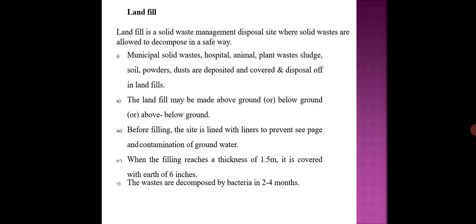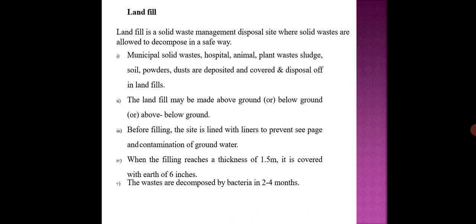These wastes are first collected by the municipality. Then they are transported and placed at a particular place, that is, stored, and then the wastes are segregated.